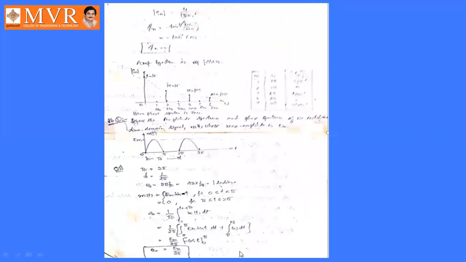So sn is 4 by pi square n square whole square plus 0, so mod sn equals 4 by pi square n square, and phi n equals minus tan inverse bn by an, but there is no bn term.